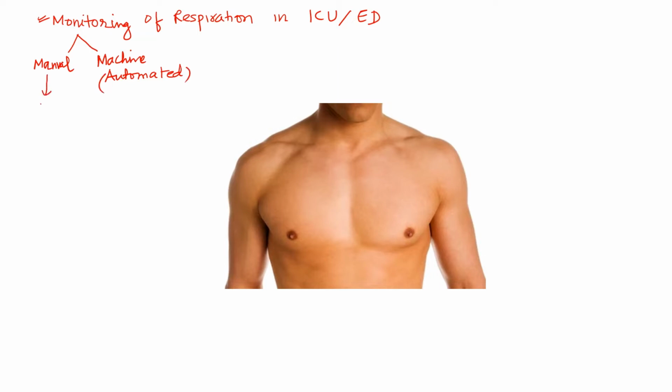In manual, as I said, we have to observe the respiratory movement, okay, with each cycle of respiration. So respiratory movement needs to be observed in manual. Or what we can do is that we can auscultate also, that is, observation means inspection.